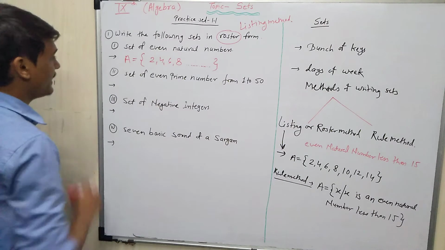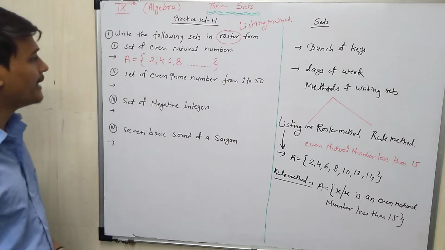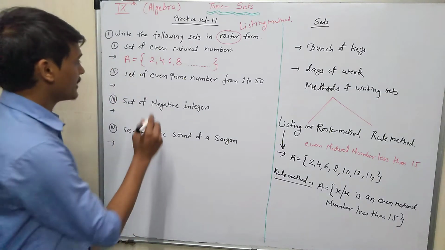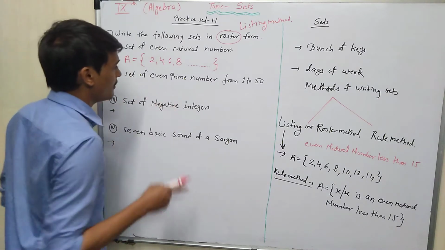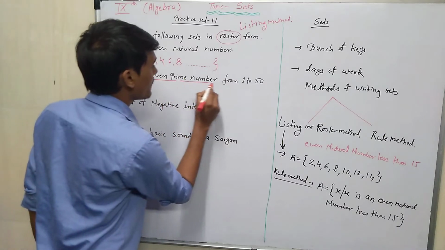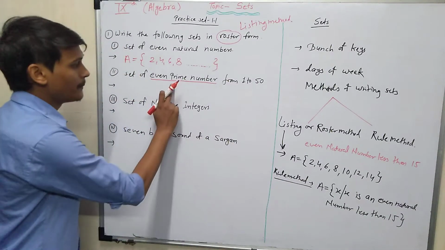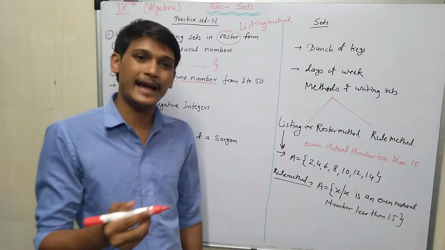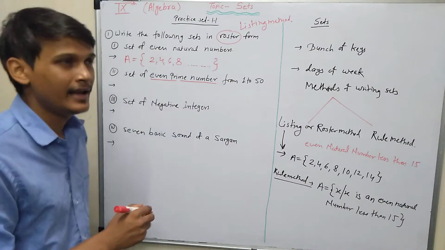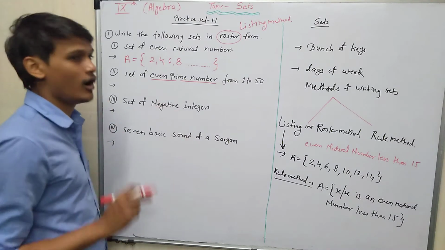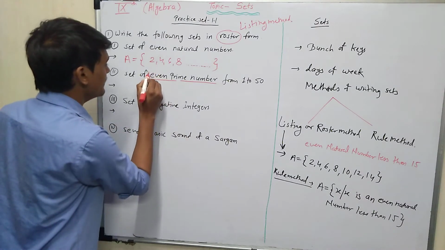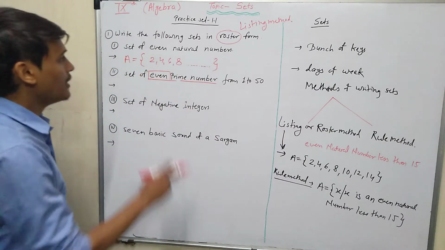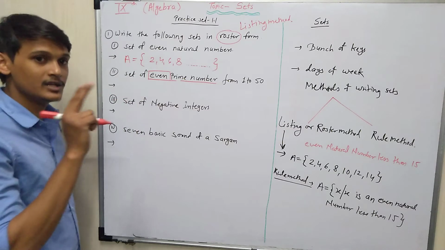Next is the set of even prime numbers from 1 to 50. Prime numbers are 2, 3, 5, 7, 11, etc. But the question is for even prime numbers. Even means 2.